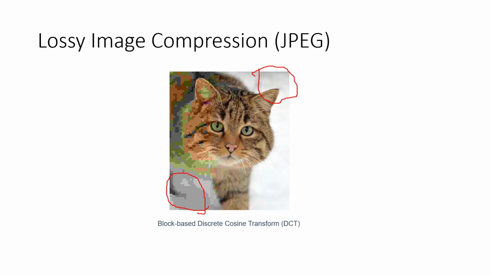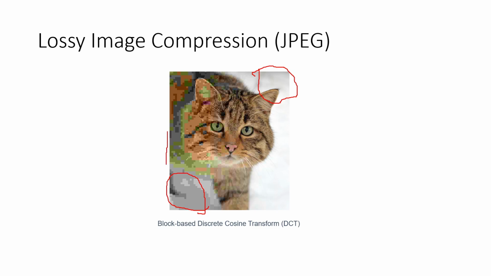Then they will apply the DCT transform again. So it uses the property that we humans are insensitive to color changes, so it can highly compress the image. It looks like this one.